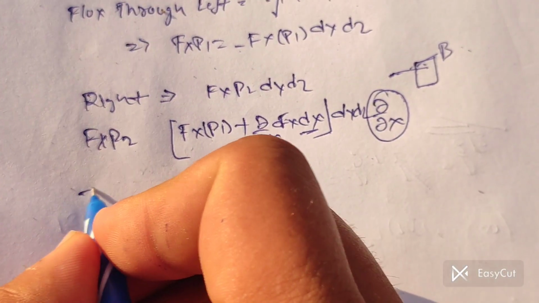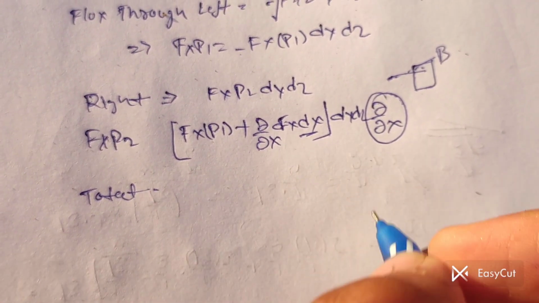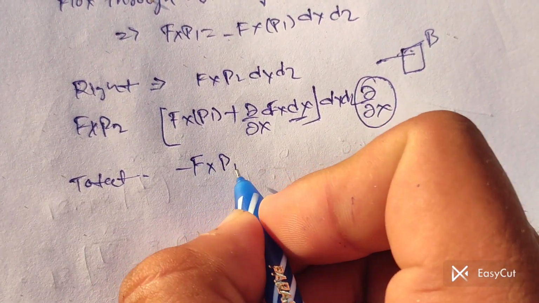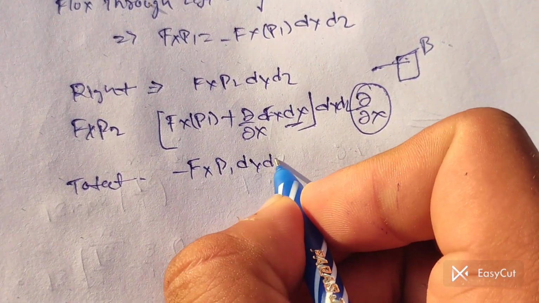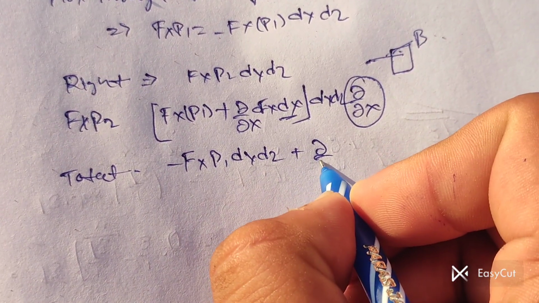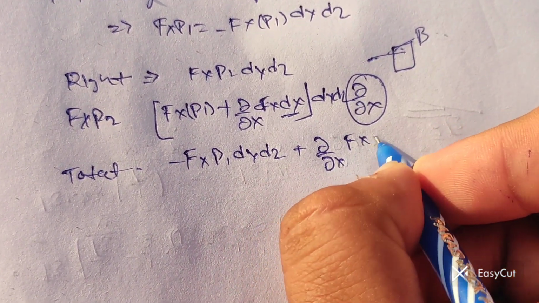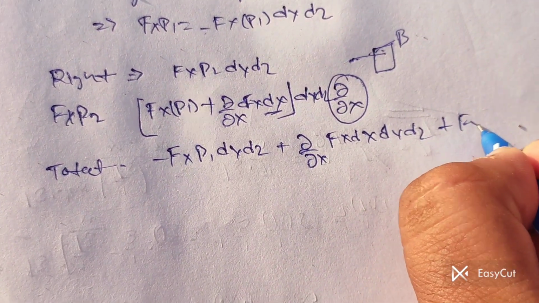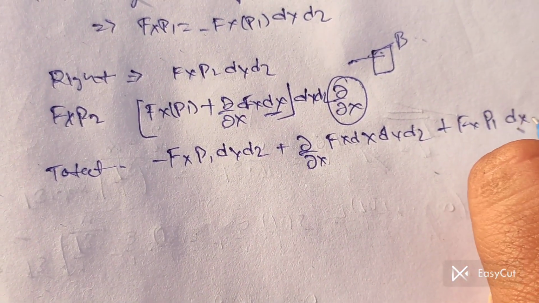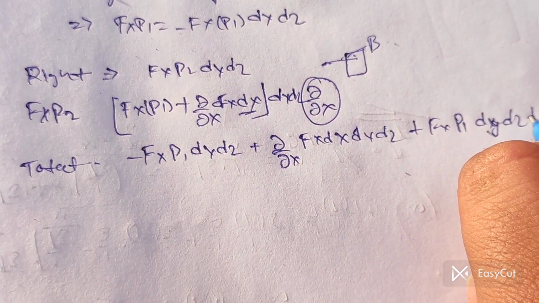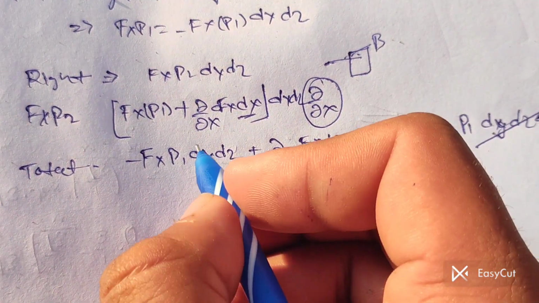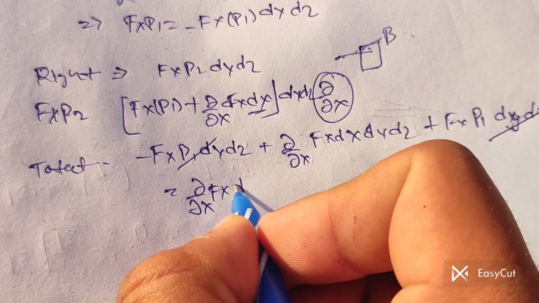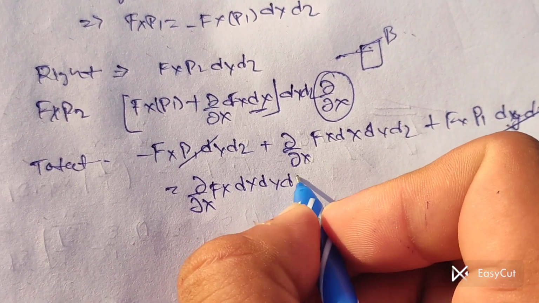So the total flux becomes minus Fx at P1 dy dz plus the partial of Fx with respect to x times dx dy dz plus Fx at P1 dx dy dz. The Fx terms cancel out, and overall we get the partial of Fx with respect to x times dx dy dz.